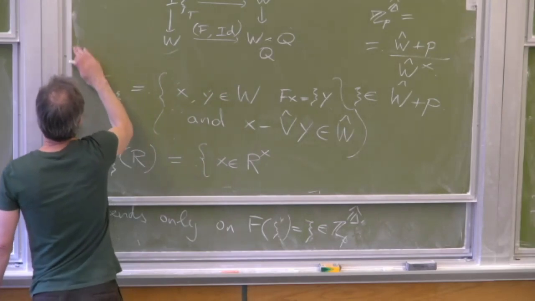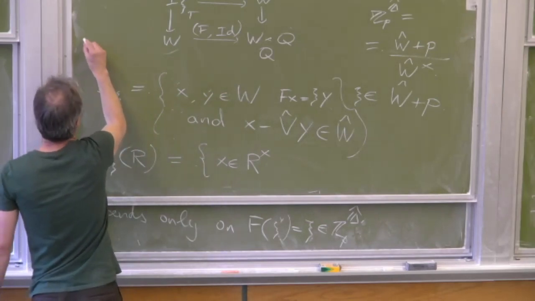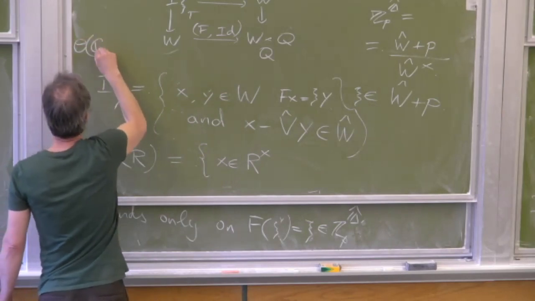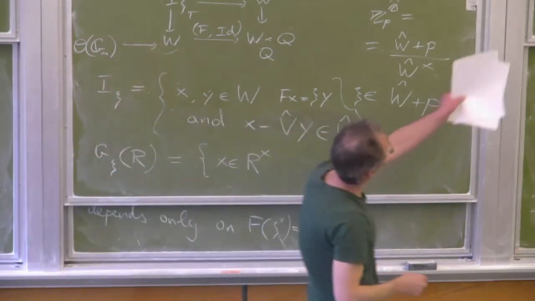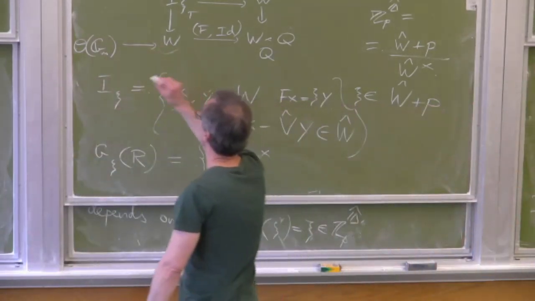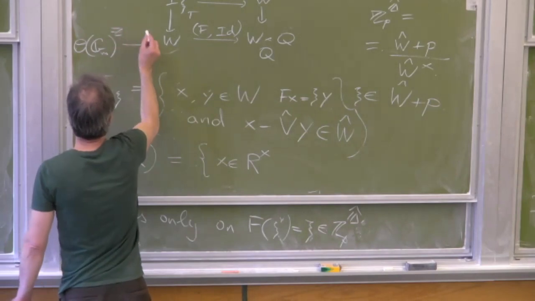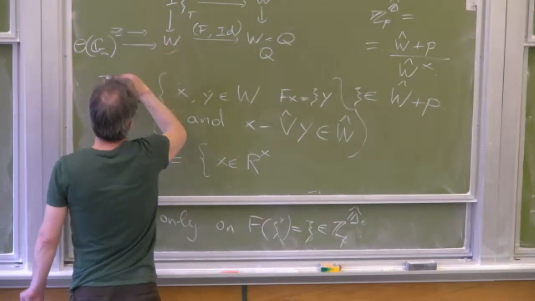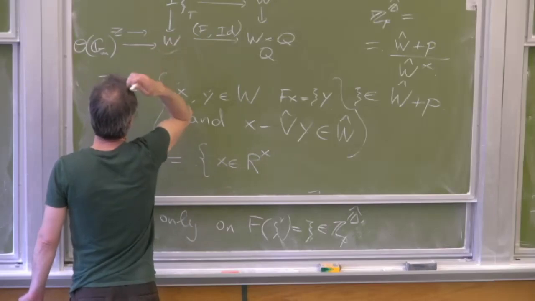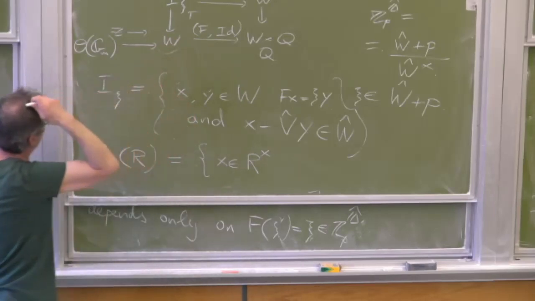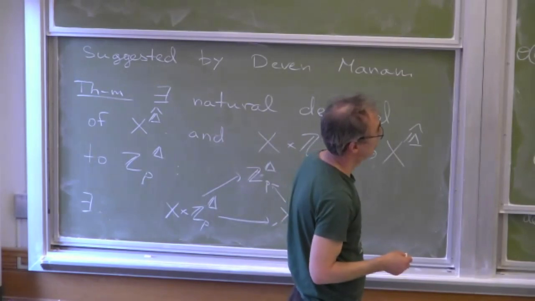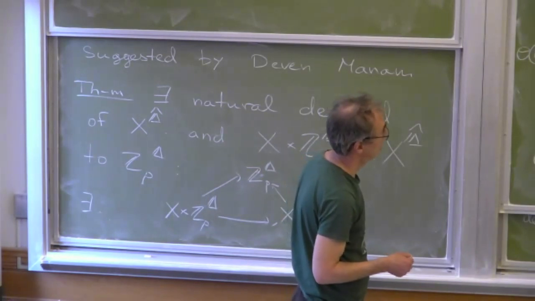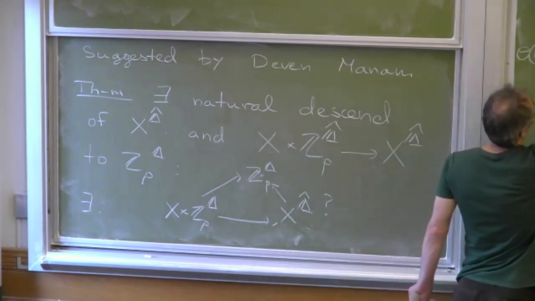I have a map from the coordinate ring of G_m to W. The coordinate is Z. This map takes Z to... a naive guess would be that we have to replace W by its multiplicative group and I_X,C by, so to say, its multiplicative group.